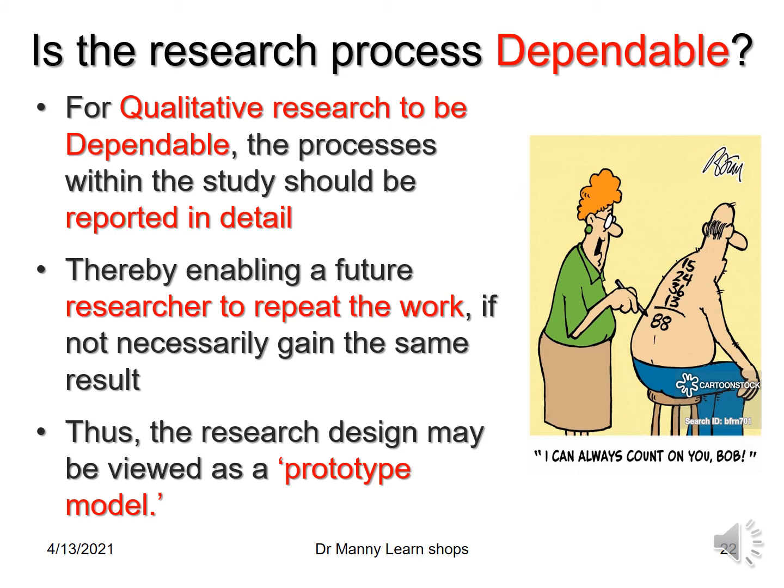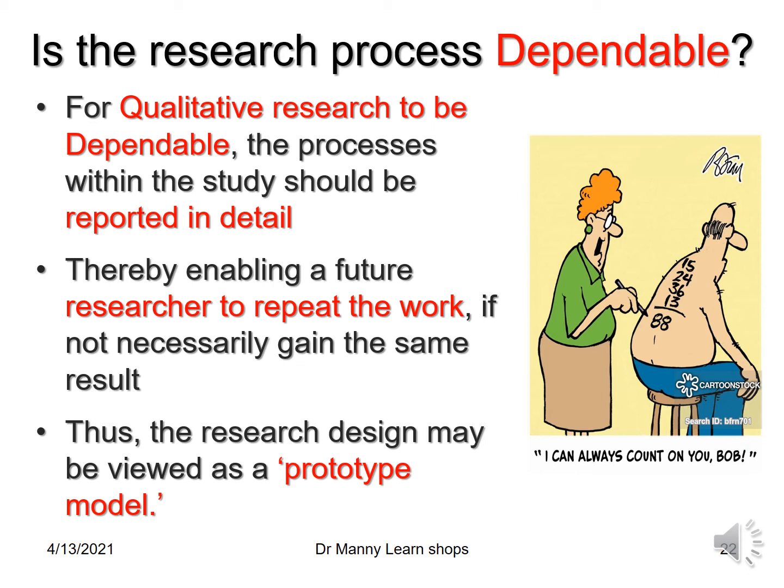Is the research process dependable? For qualitative research to be dependable, the processes within the study have to be reported in detail. That's why it's important that you know how to write. And if you know how to write, you're telling a story, thereby enabling a future researcher to repeat your work.